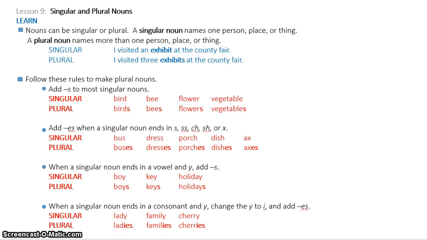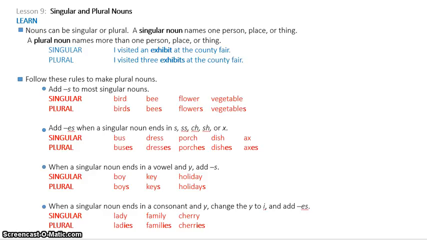The last letter is a Y. I look at the letter right before the Y. It is a consonant, D. So I'm going to drop the Y, add an I, and then an ES. If I look at the word family, I see the Y. What letter comes right before the Y? It's the consonant L. So I drop the Y, change it to an I, and add ES.